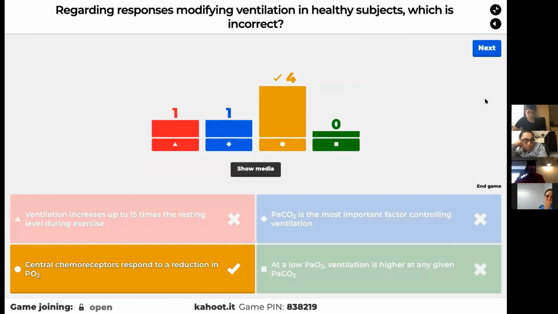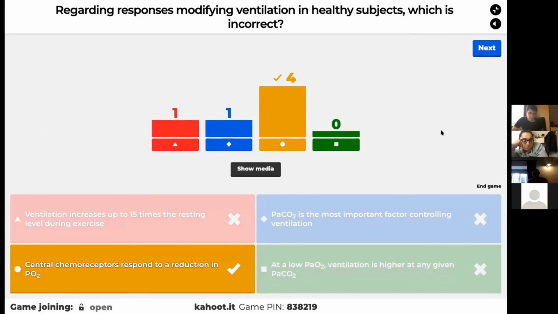Well done. So yeah, 4 main factors in healthy patients will affect ventilation: your PCO2, your PO2, pH, and exercise. PCO2 is the most important factor that controls ventilation. It's a linear increase between 5 and 11 kilopascals, and above that, respiratory depression will happen.